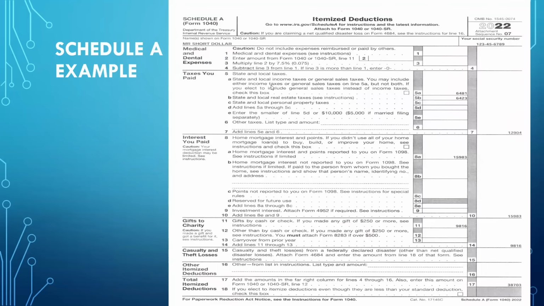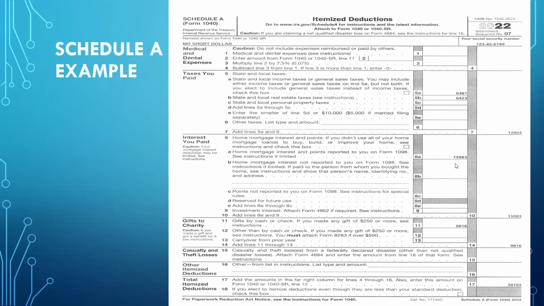Okay, right here, guys, we have an example of a Schedule A, these itemized deductions, just like we went over before when we talked about the different sections: the medical, taxes you paid, interest you paid. You see this section for taxes paid. We have a listing of state income taxes, also real estate tax, i.e. your property taxes, totaling $12,904.